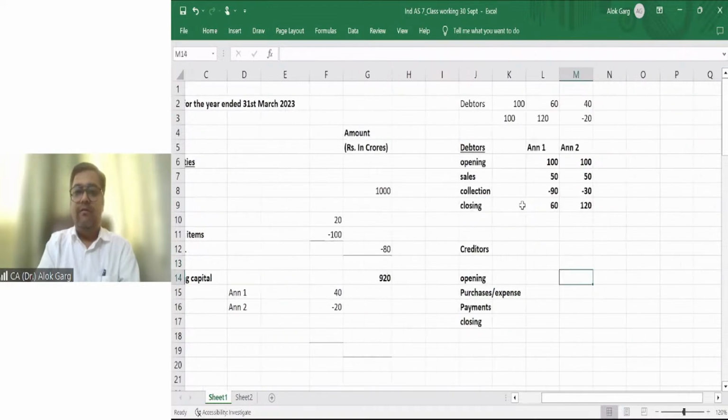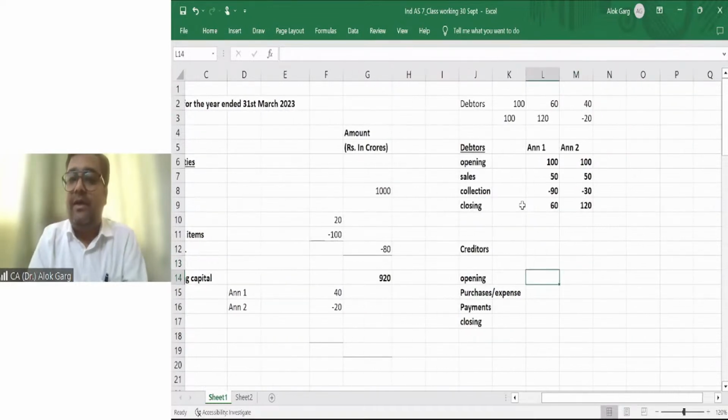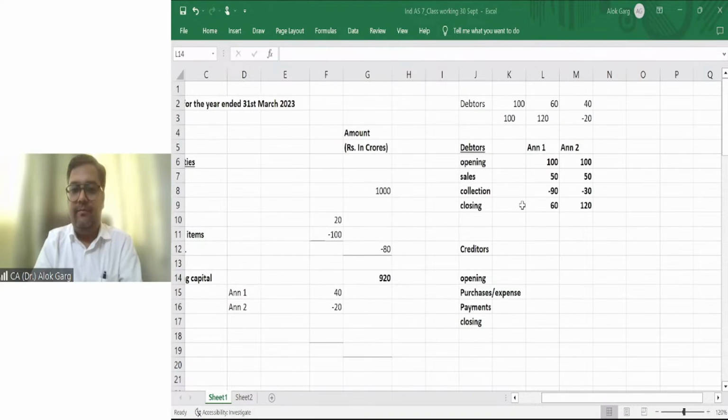Okay. For example, the opening balance of the creditor was 100 crores. Purchases or expenses was, let's say, 60 crores. And the closing balance of creditor became 140 crore. What does it mean? It means there is a payment of only 20 crores. Only 20 crore payment is there.